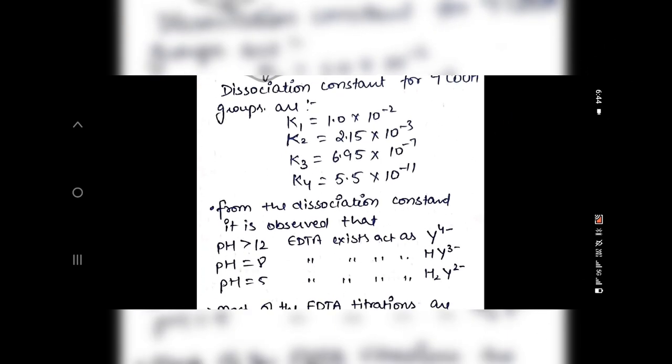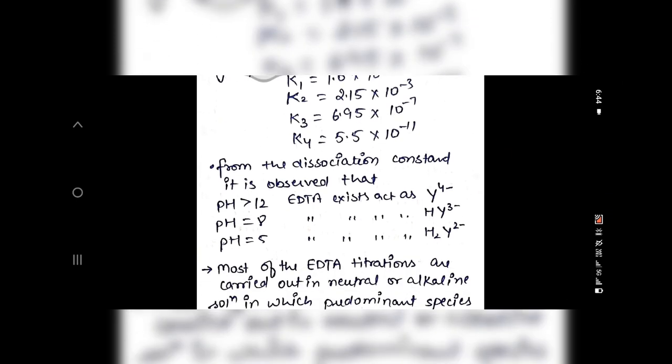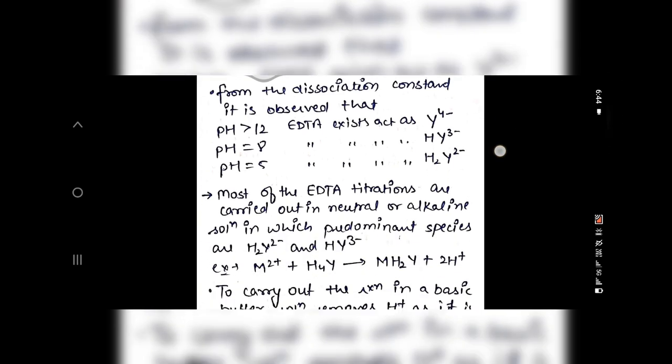From the dissociation constants, it is observed that at pH greater than 12, the EDTA exists as Y4-, whereas at pH equal to 8, EDTA exists as HY3-, and at pH 5, EDTA exists as H2Y2-.